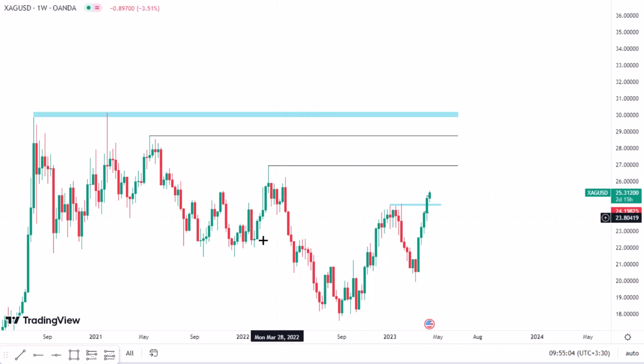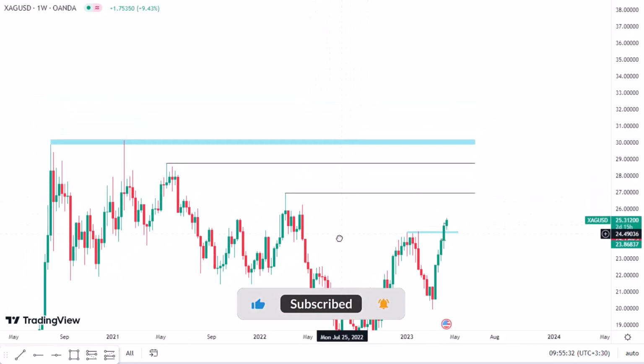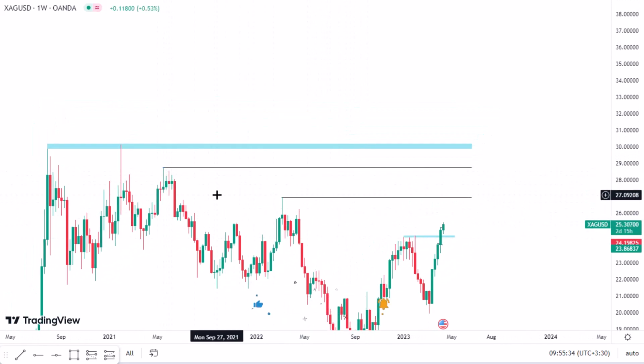Why? Because the price started going up and touched a level, and that caused the price to fall this much. So this is a really important level compared to this level here. It is also important, but in lower time frames. In big time frames like weekly, where we are right now, this resistance is much more important than this one here or this one here. And this one here is really important too.